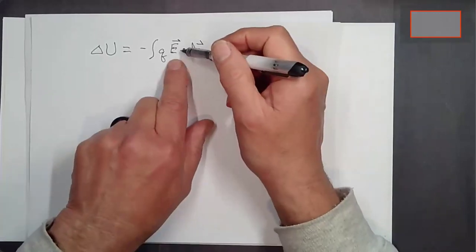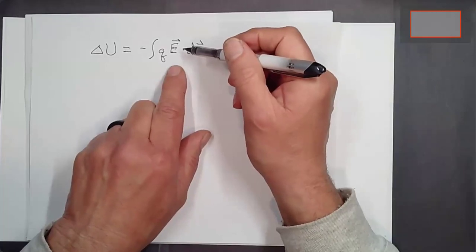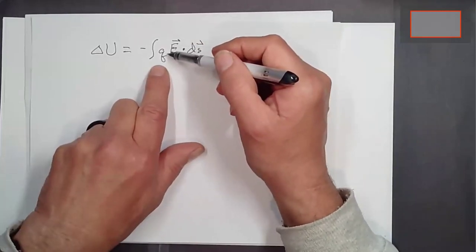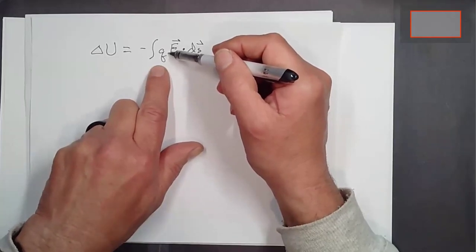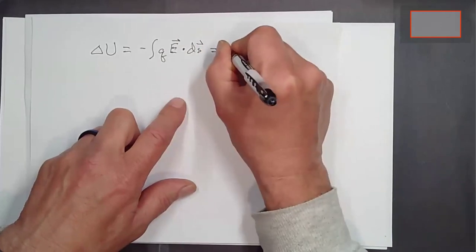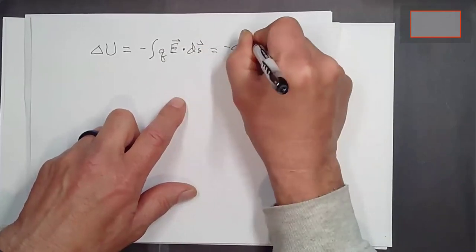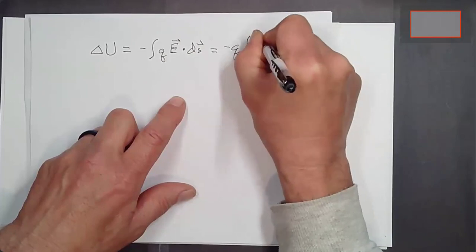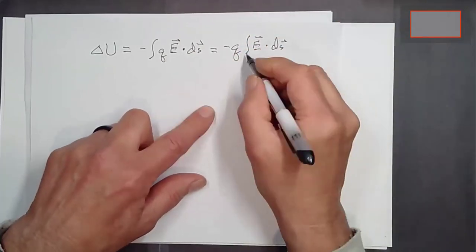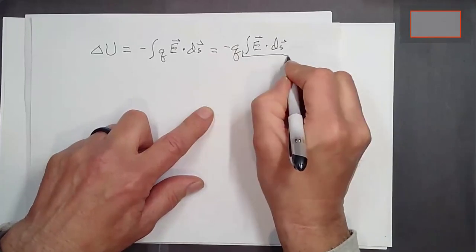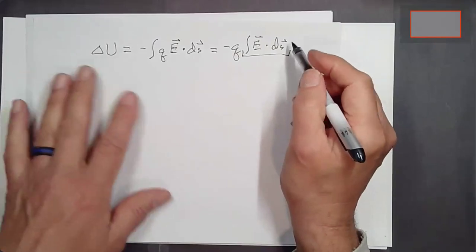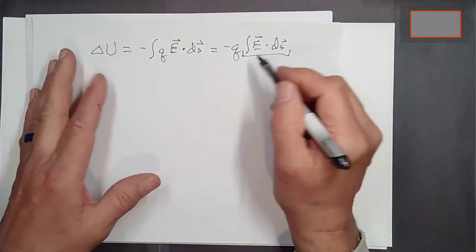And electric field, remember, was the force per unit charge on something. Well, this thing's not going to affect the integral because it's a constant. We can pull it out, and so we can have minus q times the integral of E dot ds. But frequently, we're more interested in this thing than the actual change in potential energy.